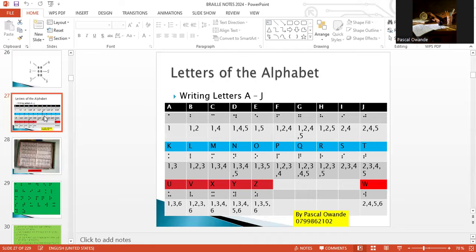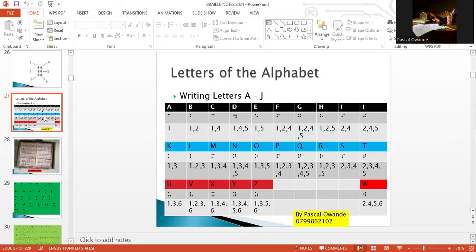So the second layer is K, dot 13, L 124, M 134, N 1345, O 135, P 1234, Q 12345, R 1235, S 234, T 2345.